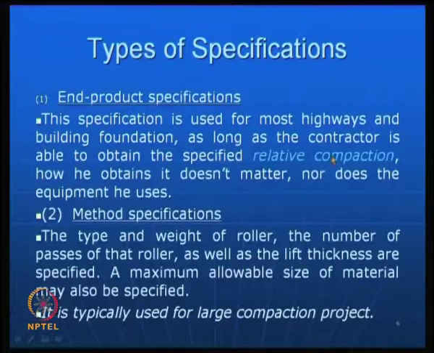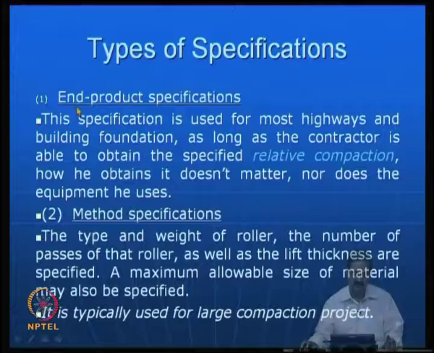Our objective is only in the end, I want this density, I do not bother about what method you use, whether you use static methods, rolling methods, or dynamic compaction and all that, I am not worried. I am only interested in the final product, getting a very good density, that is what it means here.